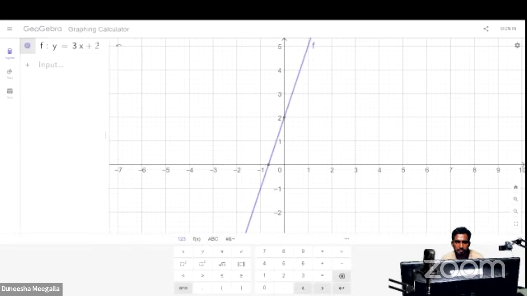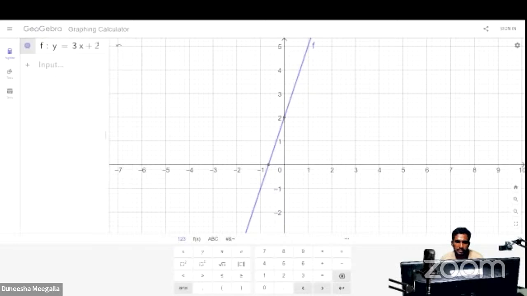What is the intercepting point of y? Plus 2. Yes, it cuts at plus 2. So at the intercept, we know it is crossing the y axis. Okay.